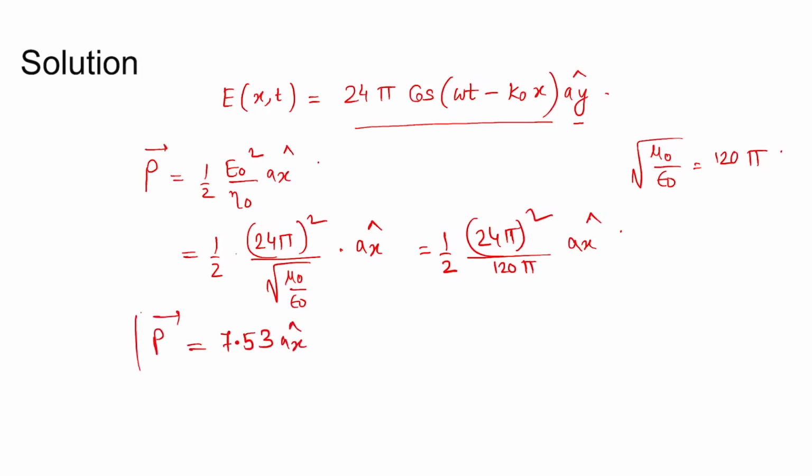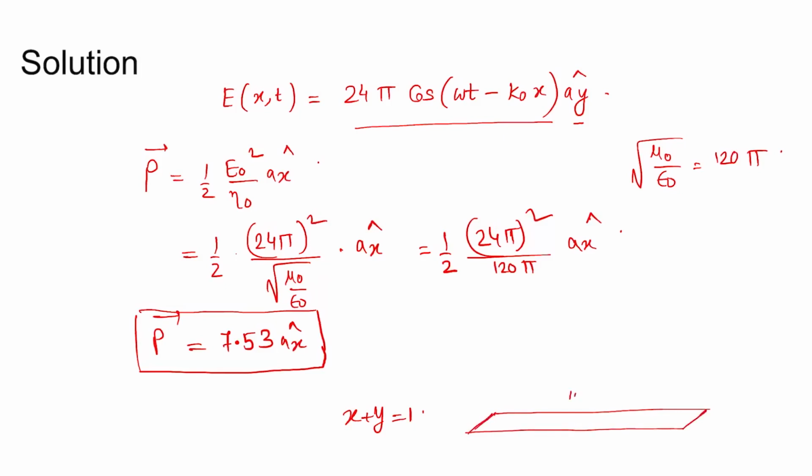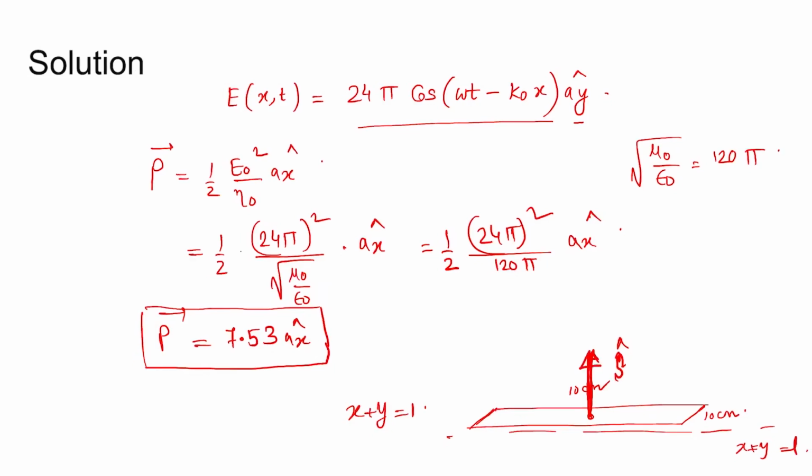So this is the average Poynting vector, but in the question there is the surface x + y = 1. On that surface there is a plate 10 centimeter cross 10 centimeter. The direction of this surface, that is the unit vector along the direction normal to the plane, will give the direction of this area vector, which can be determined by taking the coefficients of the plane: ax hat plus 1 ay hat.